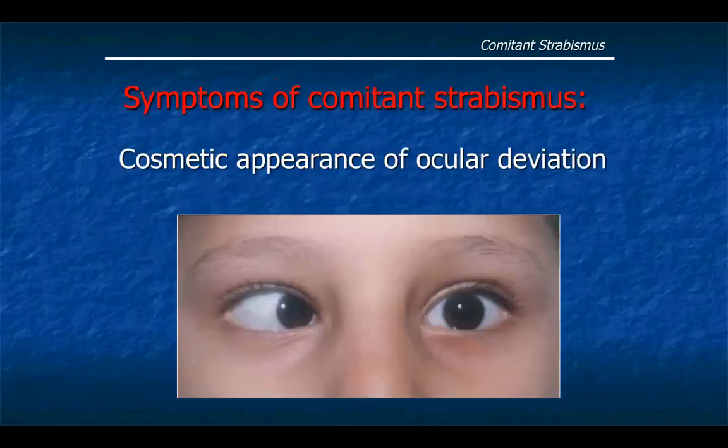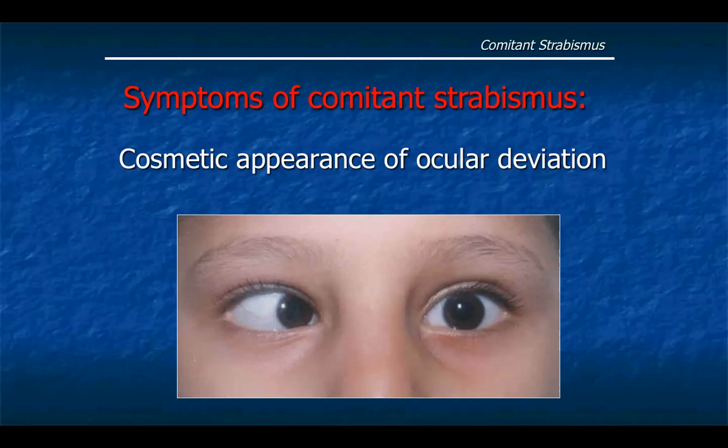Symptoms: the patient complains of the cosmetic appearance of ocular deviation, or the patient can complain of diplopia. In small children, diplopia occurs just at the very onset of strabismus, but after a short time the brain suppresses the image of the squinting eye and the patient develops suppression and no more diplopia.